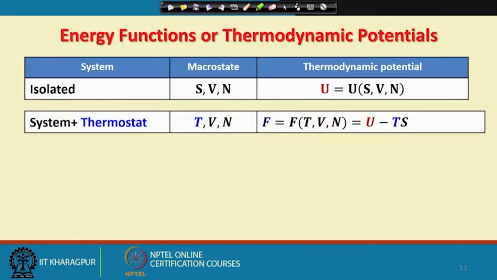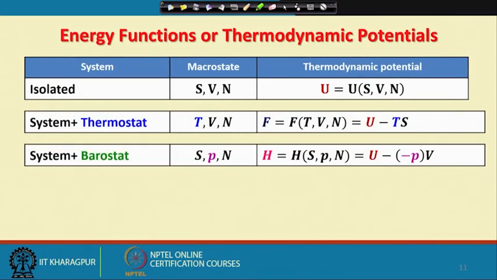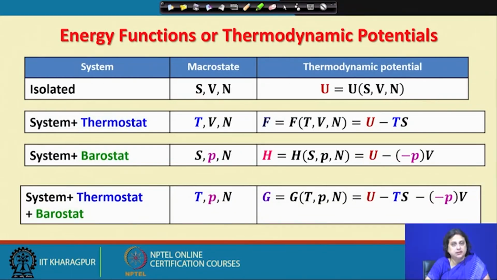Now that we know the definitions of all these free energies, let us summarize what we have obtained here. If you have an isolated system, then there are three independent variables, S, V and N, that describe the equilibrium state of the system.